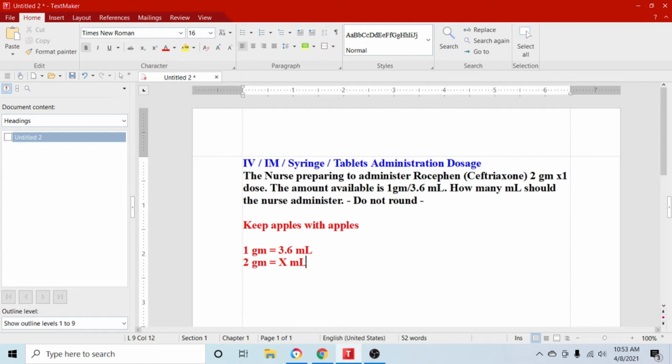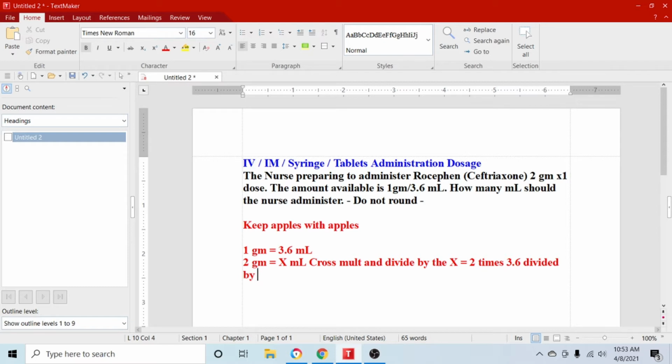All we have to do now is cross multiply and divide by the X. Always cross multiply and divide by the X, meaning 2 times 3.6 divided by, in this case, 1, because the number across from the X is 1.